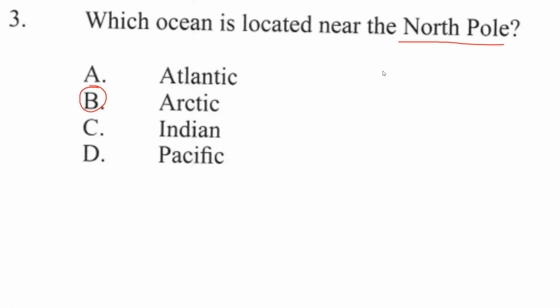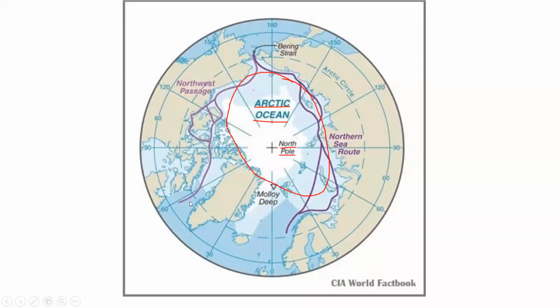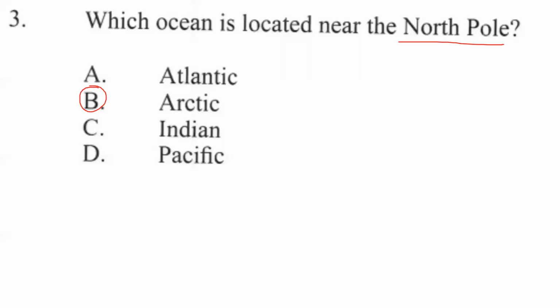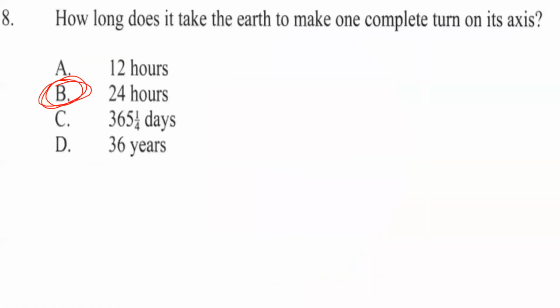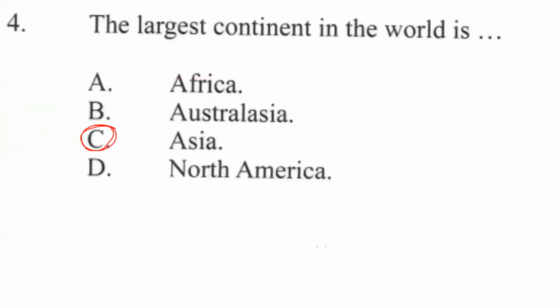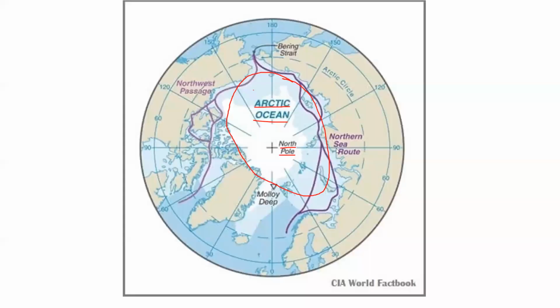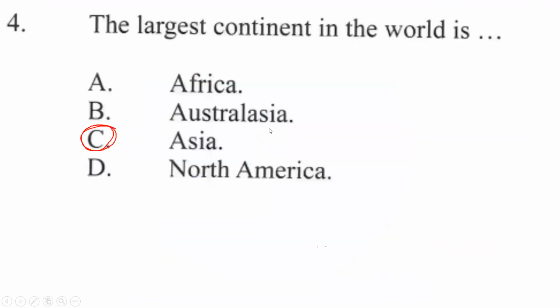Come on, Destiny. We do this so much. The answer is B, Arctic, very good. If you look at the North Pole, the ocean that's there is the Arctic Ocean. So the Arctic Ocean is located near the North Pole.